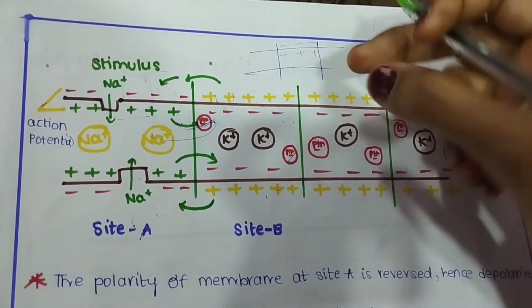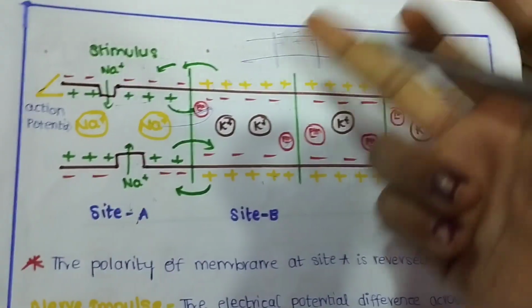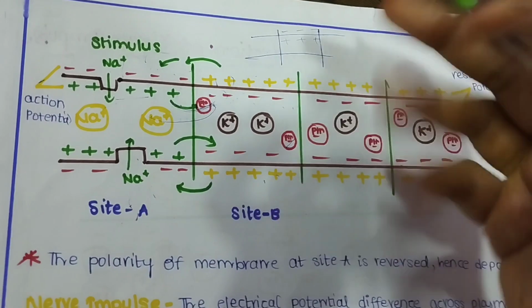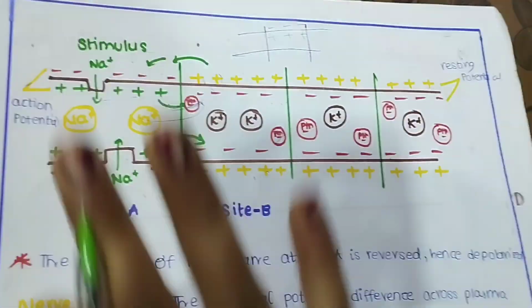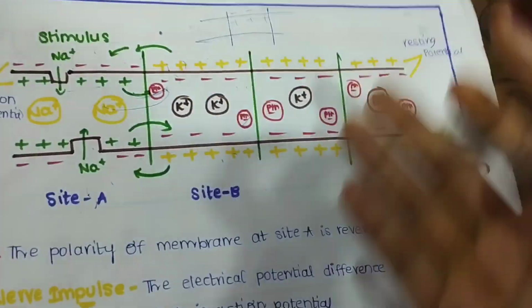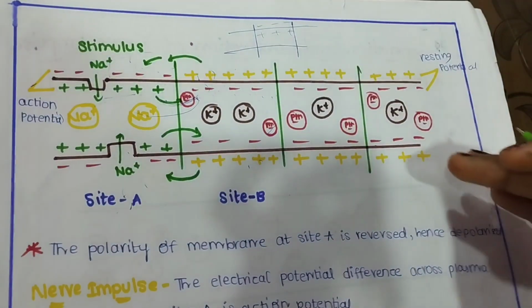Again, this is the same as site A when it is excited, depolarized. So again this part will be depolarized. In the same way as current is transferred from site A to site B, from site B to site C also the same pathway takes place.